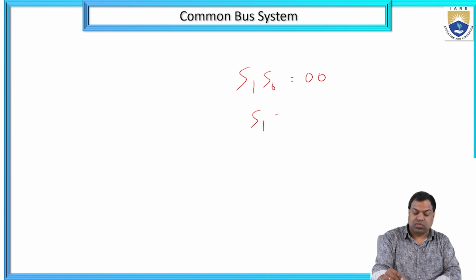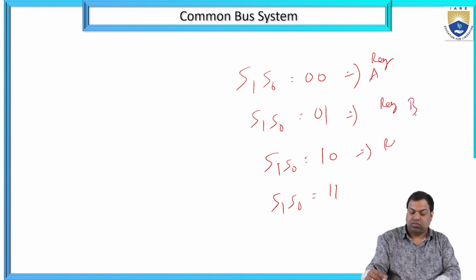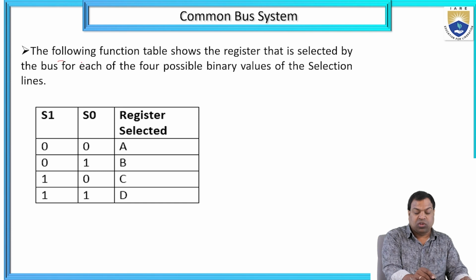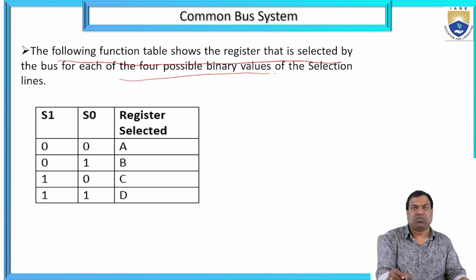0, 0, 0, 1, 1, 0, 1, 1. Register A, register B, register C, and register D will be selected. So the following are the functions of the lines by which the register is selected for the bus, for each of the 4 possibilities.